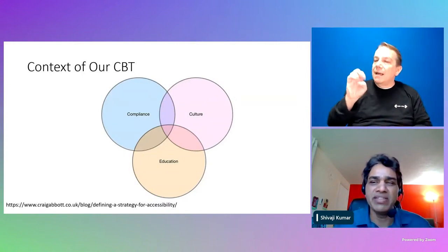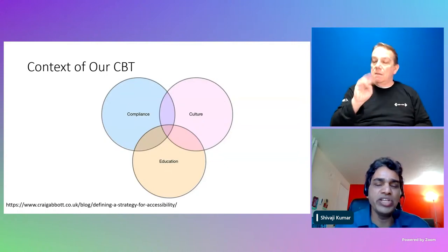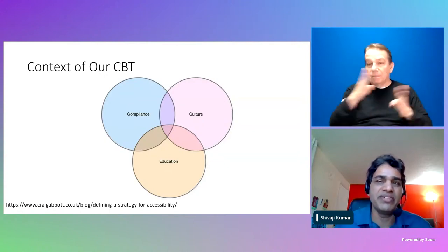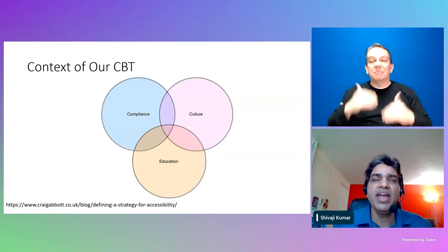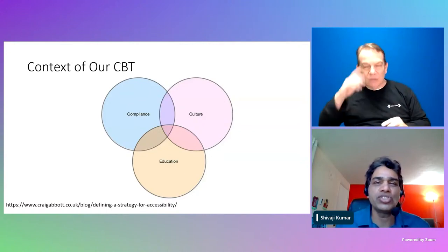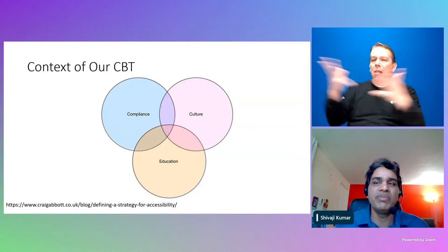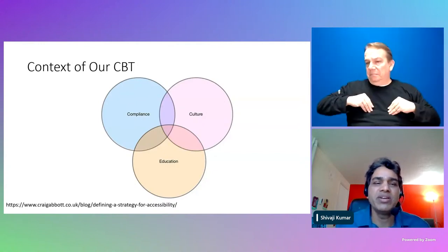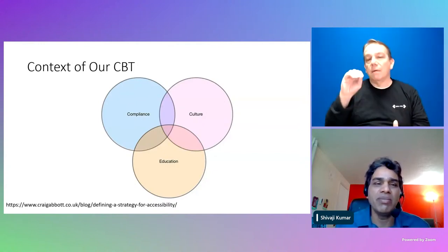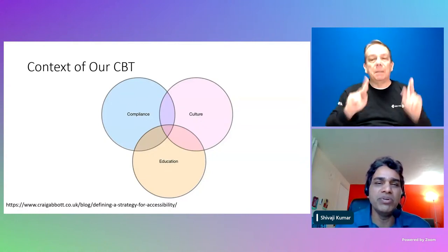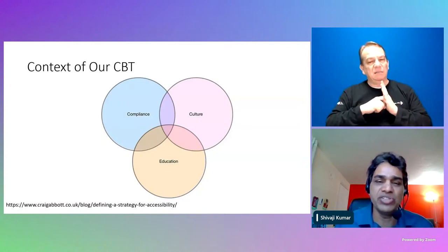Culture building is yet another, and then education and awareness is the third pillar, right? So there are these 3 pillars. And given the industry in which I work, there is a lot of compliance. So obviously, partnering with compliance folks has been a key component of our strategy.